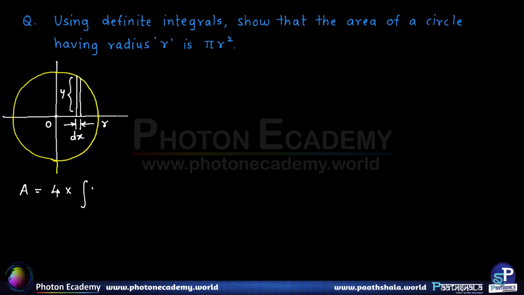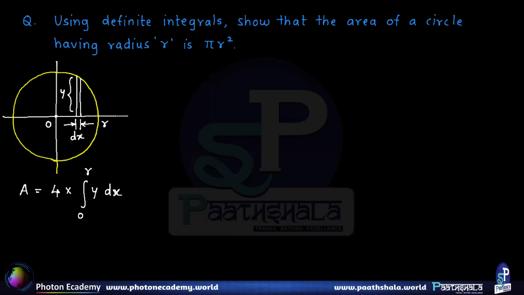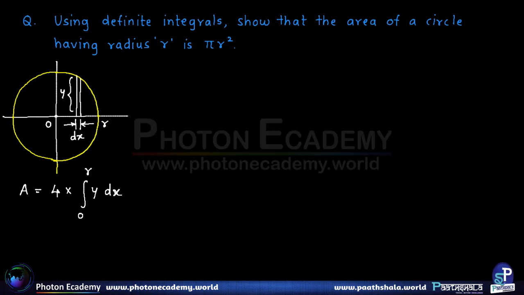So here we have y dx and x varies from 0 to r. Now remember, although r is a symbol, it is not a variable. It is called an arbitrary constant simply because for a given circle the radius will always be constant. We just don't know what that value is for our example, therefore we denote it by a letter r. But remember, it's not a variable here.